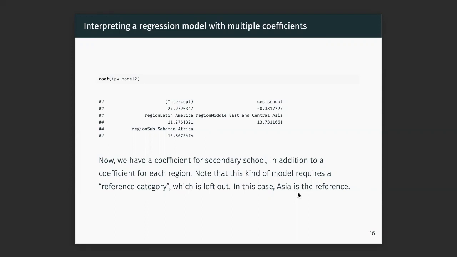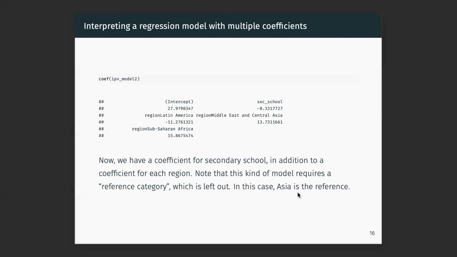If it were Sub-Saharan Africa, we would obtain different estimates, but our interpretations in terms of predictions would be identical. We would get the same results for expected values of y. We'd get the same regression line, we would just get different coefficients, which doesn't really matter. Okay, so we always leave one category out.